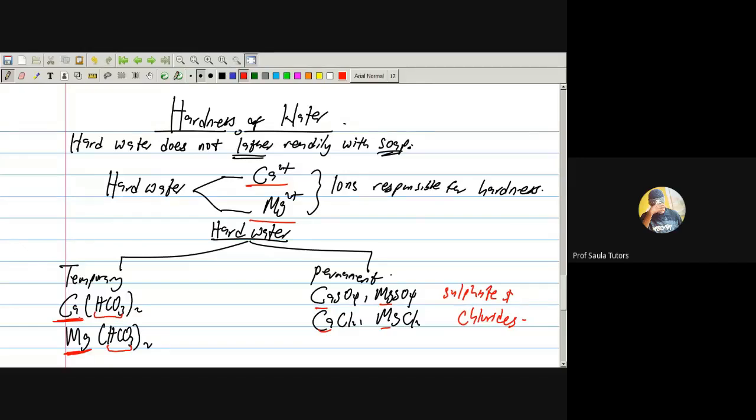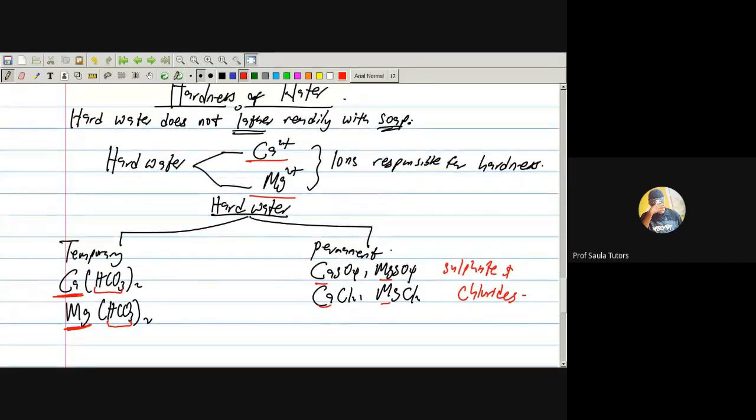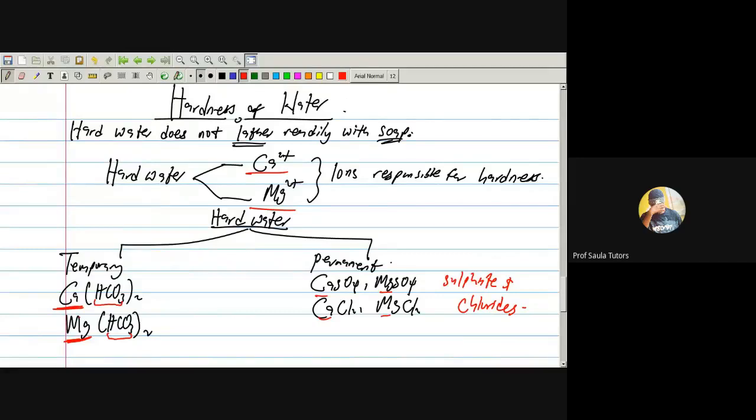Okay, nice. So I believe all these concepts are clear. Hard water doesn't lather directly with soap. The two ions responsible for hardness are calcium and magnesium ions. For temporary hard water, calcium hydrogen carbonate or magnesium hydrogen carbonate causes it.